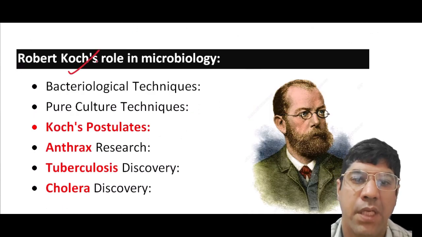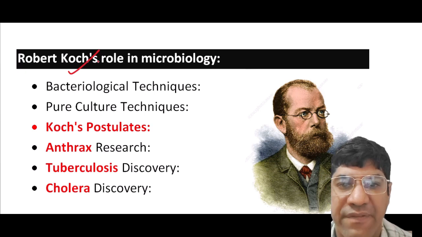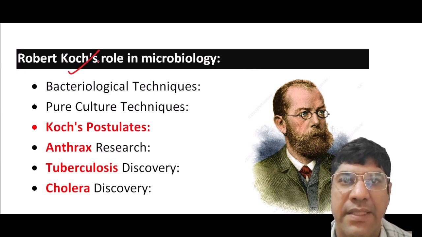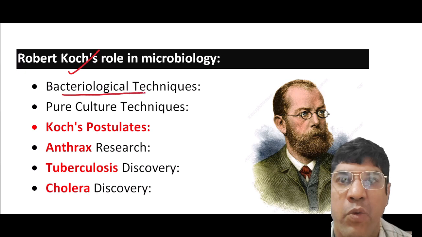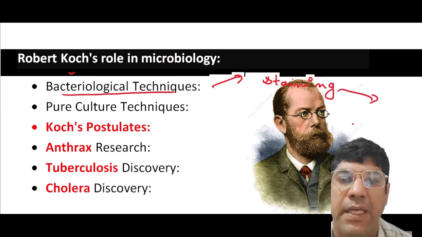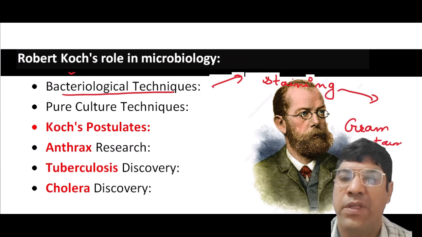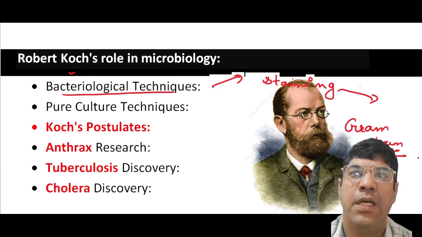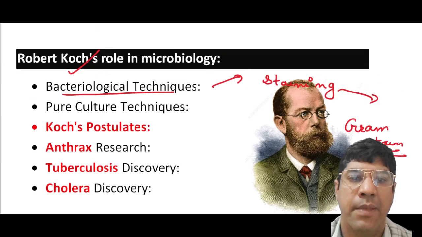Robert Koch is known for perfecting bacteriological techniques. He introduced staining methods like gram staining, which allow for the visualization of bacteria under the microscope.